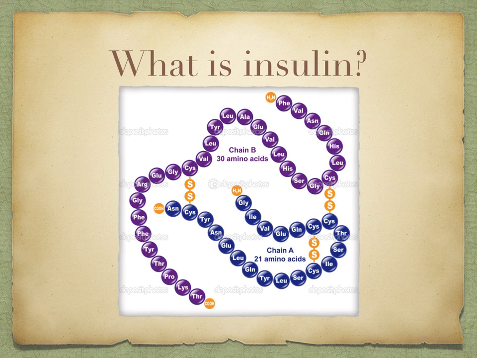So what is insulin? Well, it's a small protein, about 51 amino acids, and it's got an A chain and a B chain. The A chain comprises 21 amino acids, and the B chain comprises 30 amino acids. And these are held together by disulfide bridges, as you can see represented by those yellow S circles.